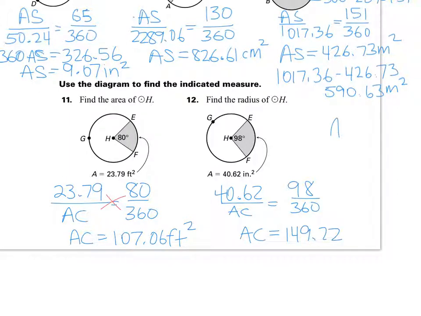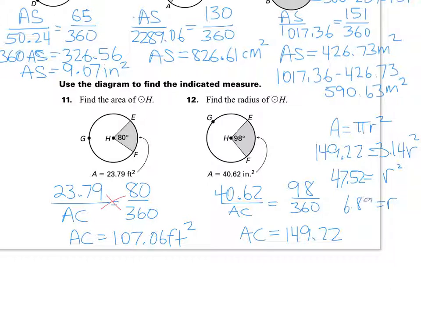And then you use your area formula. So you know 149.22 equals 3.14 r squared. R squared, take 149.22 divided by 3.14. And then take the square root. Linear units.